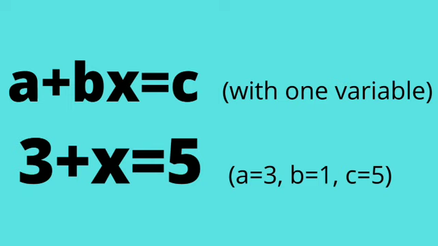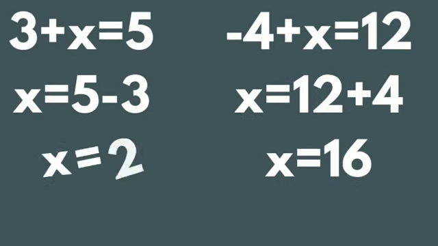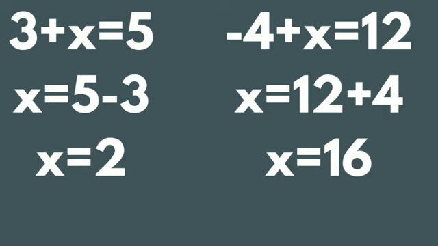Basically, linear equations have a variable with the highest power of 1; no variable will be of power 2, power 3, or power 4. The highest power of variables in linear equations is 1. No variable will have a power greater than this.